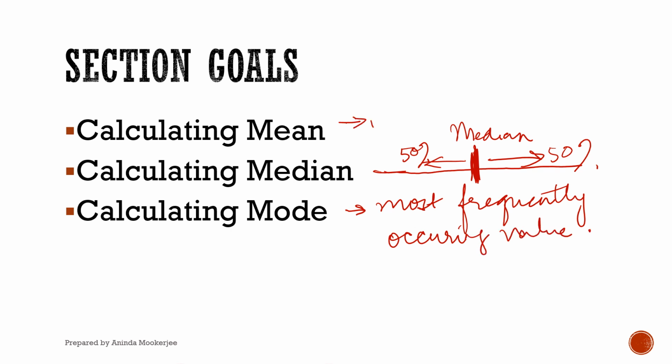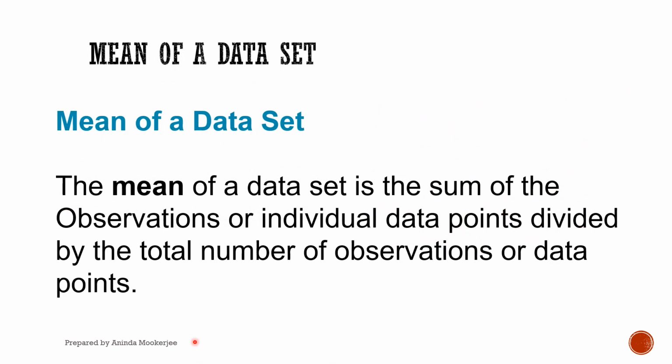Mean, like I said, is the average of the data set, right? The mean of a data set, which is nothing but the average, is the sum of the observations or individual data points divided by the total number of observations or data points.